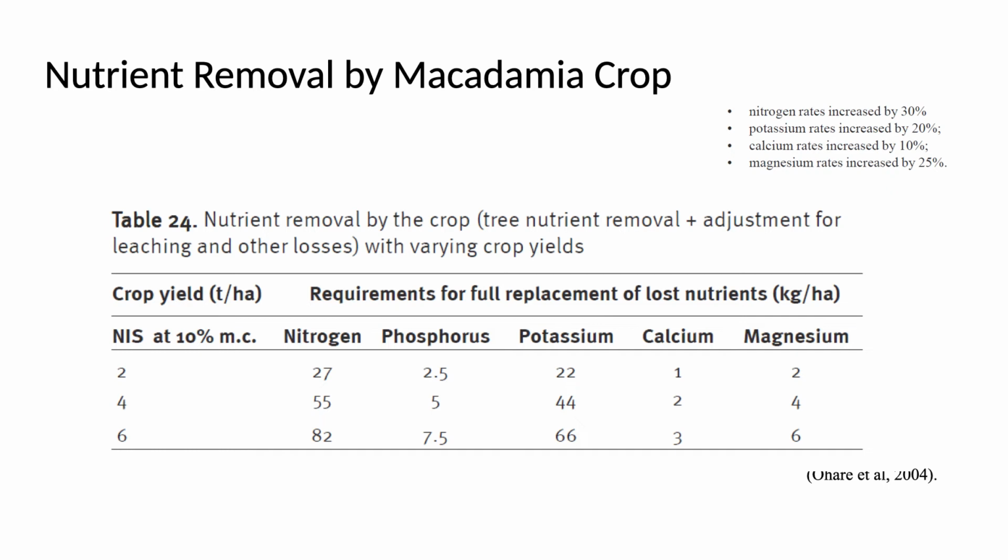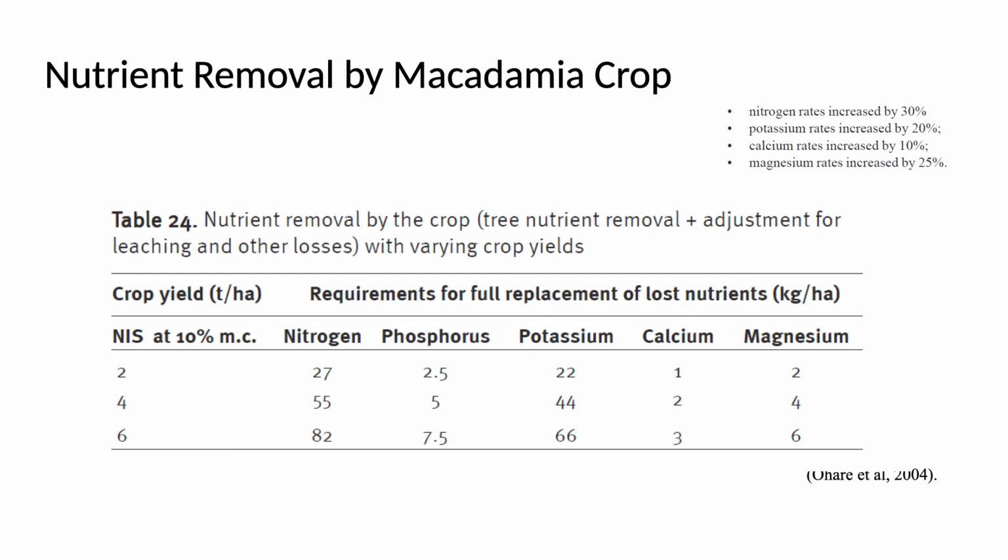And then this is a table out of Australia that shows how many kilograms per hectare are needed at different yield levels. But again, this is without the husk. So if you're leaving the husk in the field and you're just removing the shell and the kernel, this is how much would be needed at 2 tons, 4 tons, and 6 tons of yield per hectare just to replace that crop.